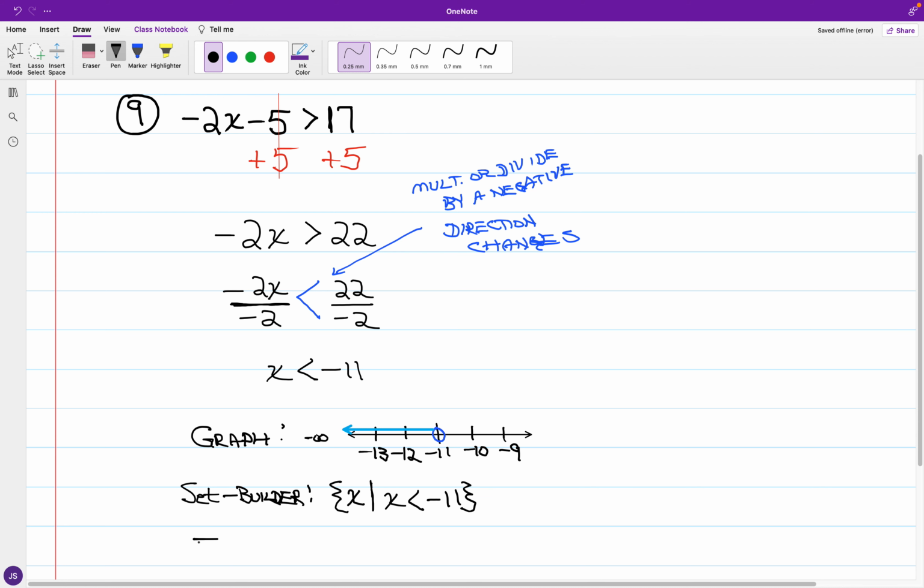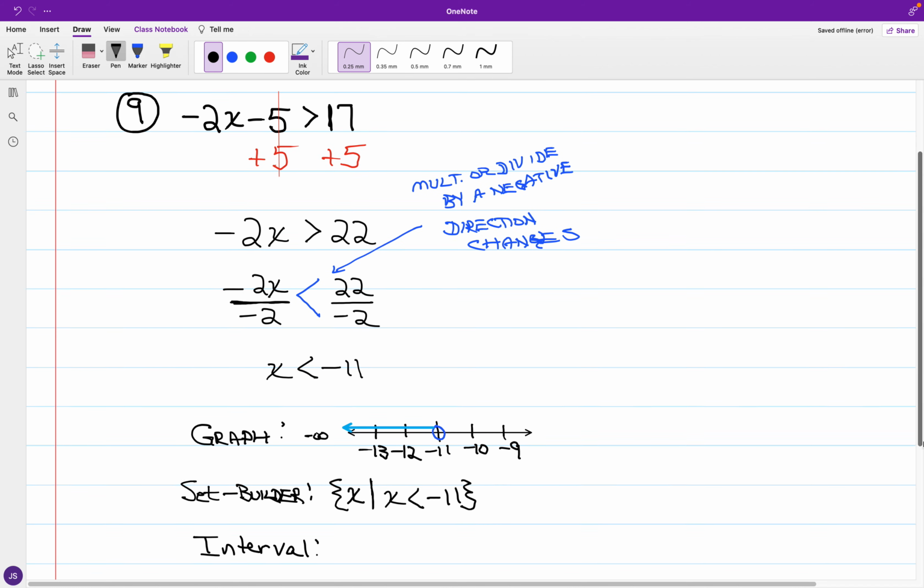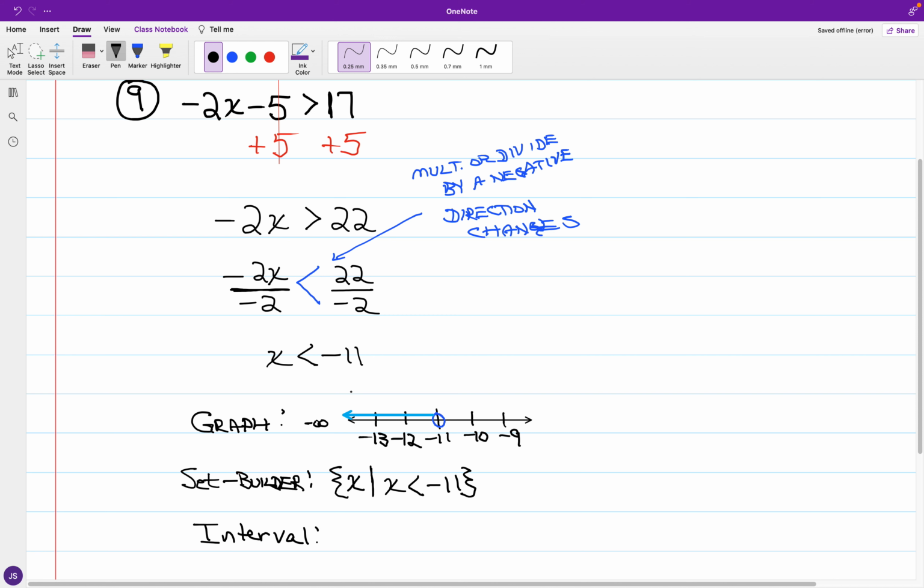Now for the interval solution, those are your statements with parentheses and potentially brackets. For x is less than negative 11, we have a one direction inequality where we are moving to the left. For interval notation, you're going to read from left to right, in other words, from the smallest to the largest.